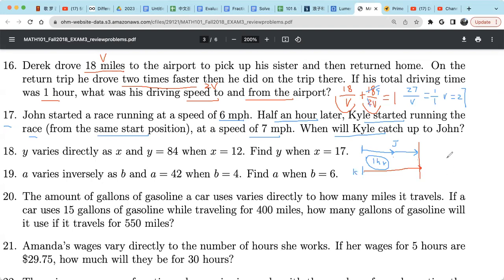So we want to make an equation with distance. The left-hand side might be the distance John traveled, the right-hand side will be Kyle's. So John's speed is 6 miles per hour. He started earlier, so he has 6 times the head start time, because that's the distance from here to here.